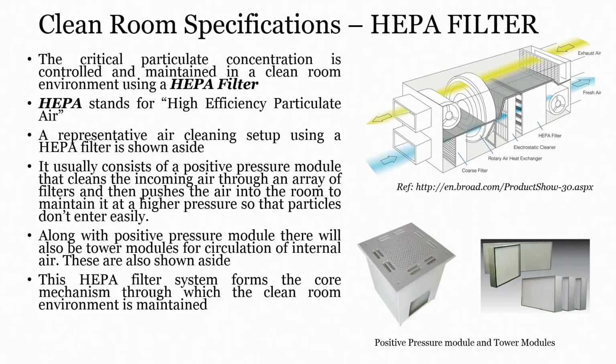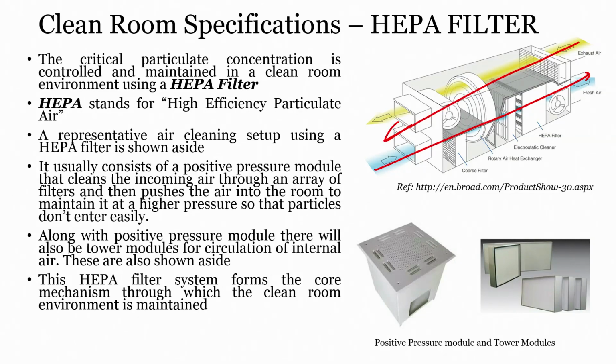Generally it works like this. There is an exhaust air that goes through here, and there is a coarse filter, a rotary air heat exchanger, an electrostatic cleaner, a HEPA filter, and the fresh air goes like this, the exhaust air goes back, right, and this is how it works.